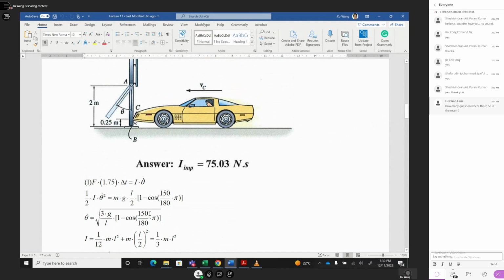So 1/12 plus 3/12 is 4/12, which is 1/3. That's I for the whole bar about this point, 1/3 ml square. That's why the m cancels, you multiply by 3 and divide by L, and the L cancels. That's where it comes from. I just proved I equals 1/3 ml square, and I already used this result from this step.